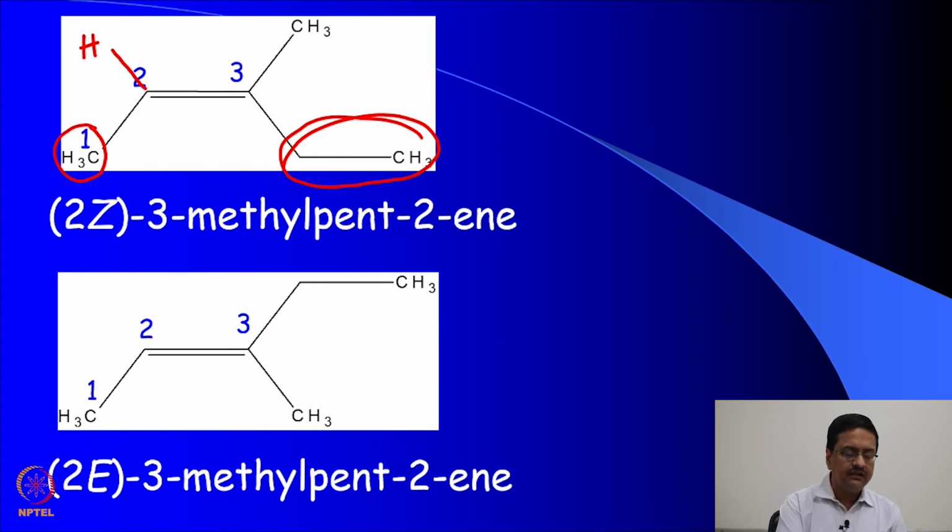That means in the EZ nomenclature it is Z, and this 2 that appears is the position of the double bond from where it starts. So, we write it as 2Z-3-methylpent-2-ene. In the lower case, the first higher priority methyl group is down, and on the other side the higher priority methyl group is up.